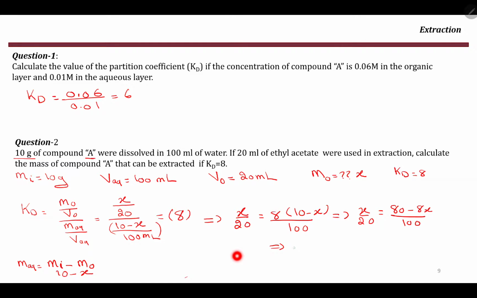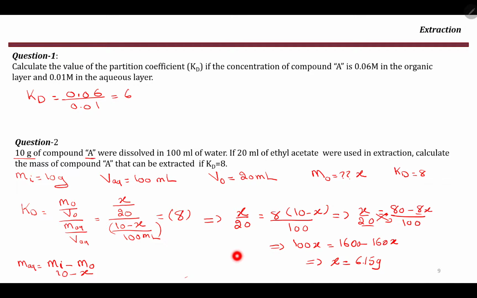So I'm doing cross multiplication now: 100X equals 20 times 80, that's 1600, minus 20 times 8X, that's 160X. Finally, if you solve for X, you would notice that X will be equal to 6.15 grams.